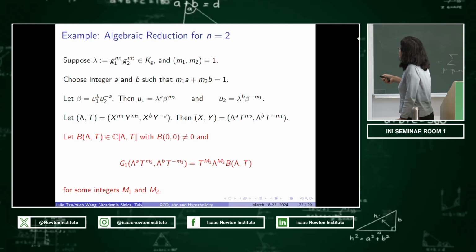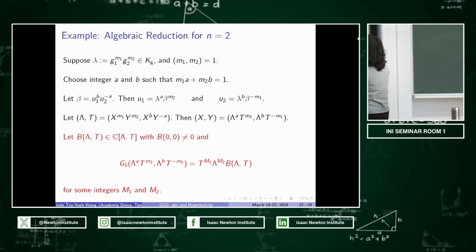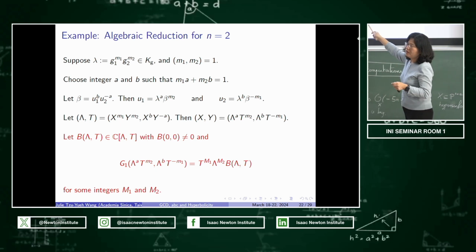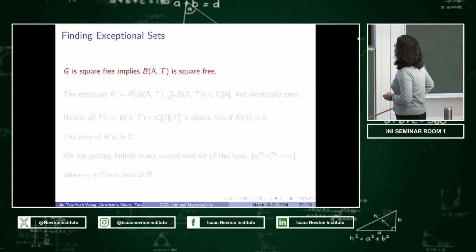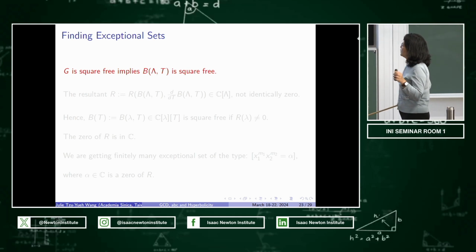Here is the thing. This is already small, so we want to make an induction on this lambda. Now we make a transformation. At first we have G is square free. And because this is a bijection, the new polynomial is also square free.